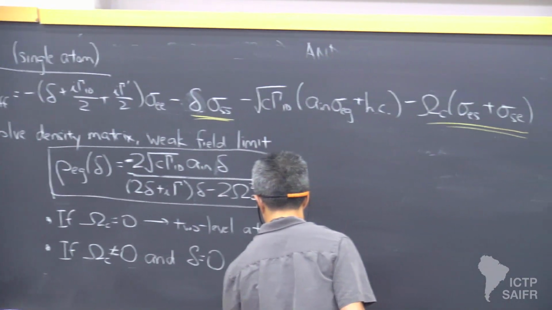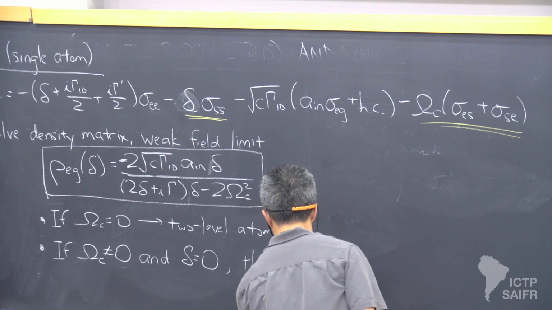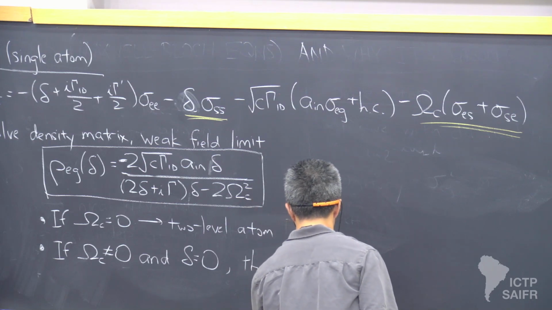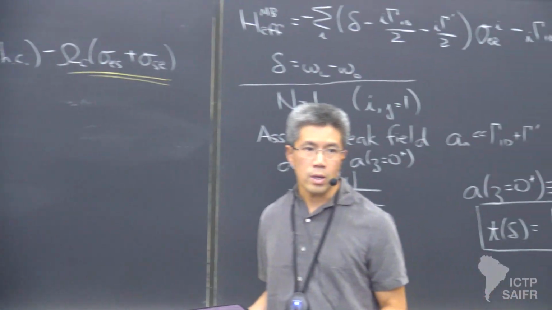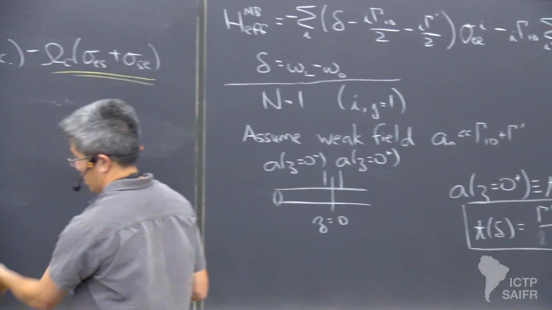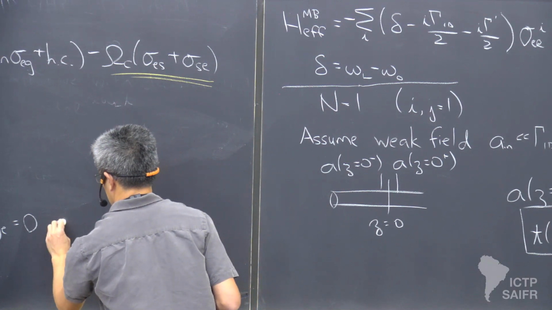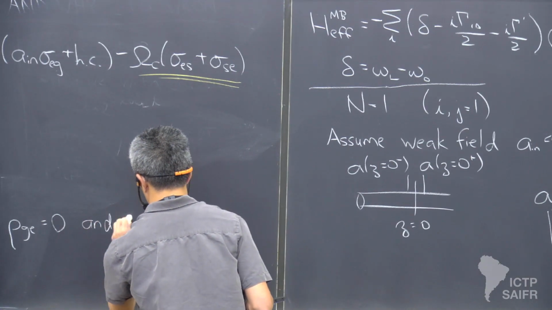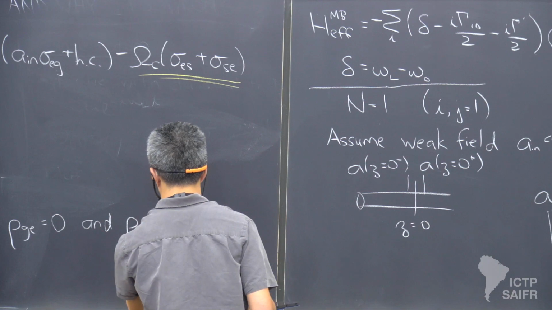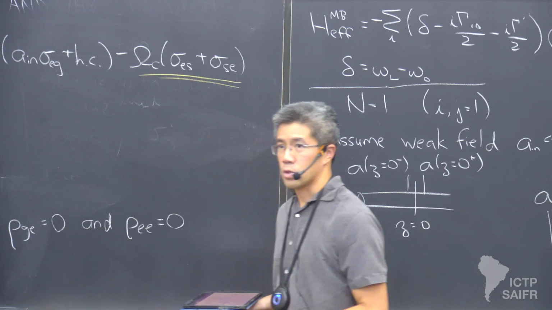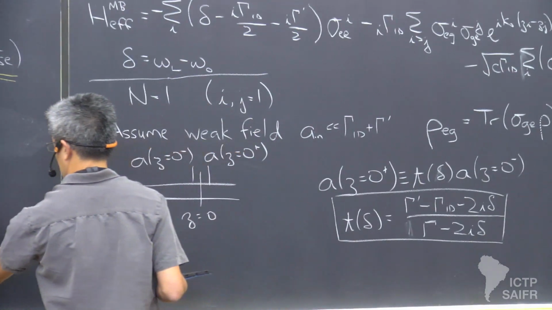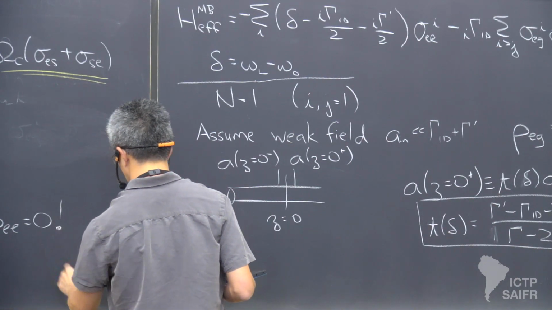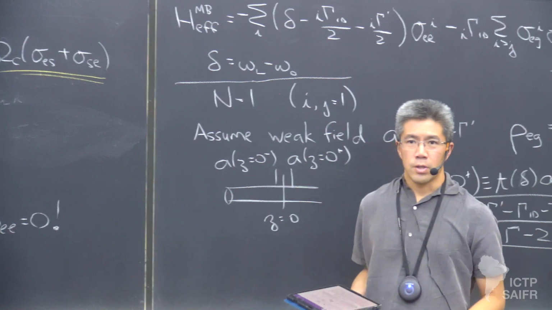Then what you find is actually there's no coherence between the ground and excited state. I didn't directly prove it, but you can imagine that the reason there's no coherence is because there's no population in the excited state in the first place. So that's kind of weird, right?